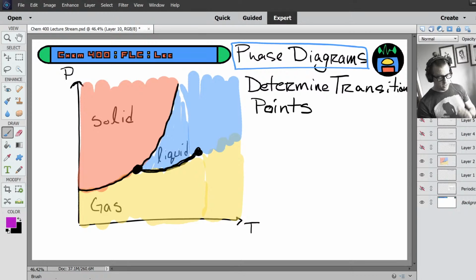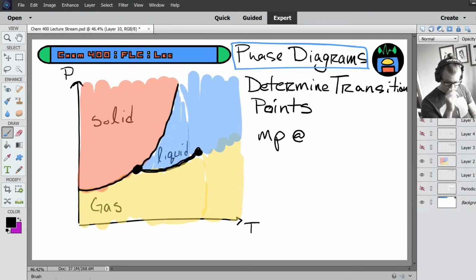Let's say you want to know the melting point of a substance at a given pressure, P1.